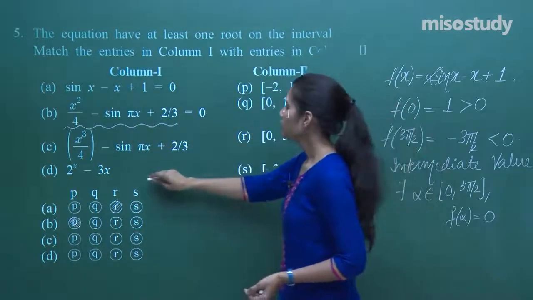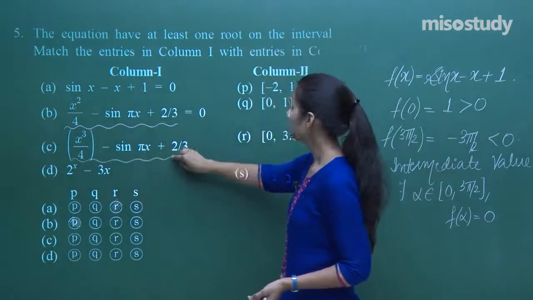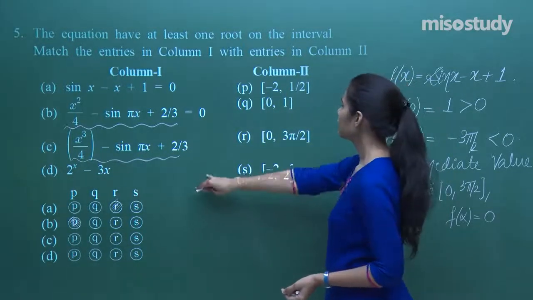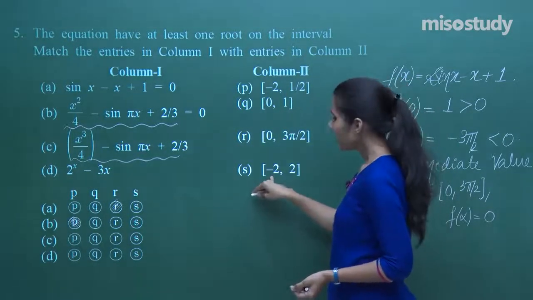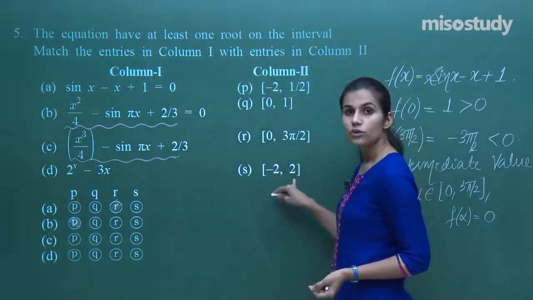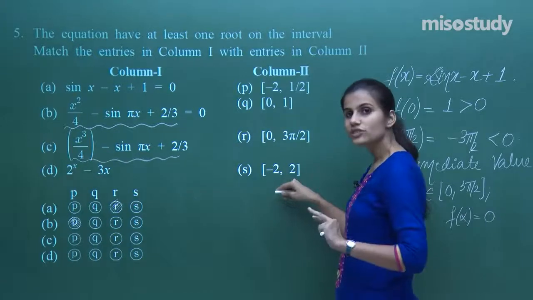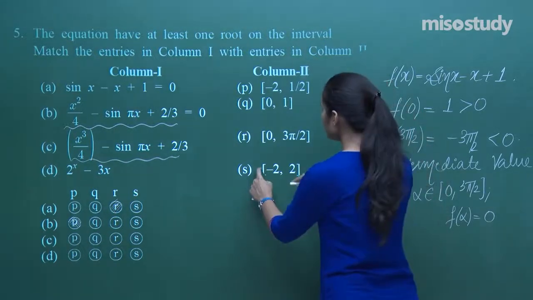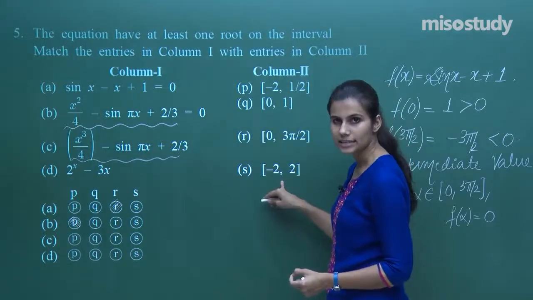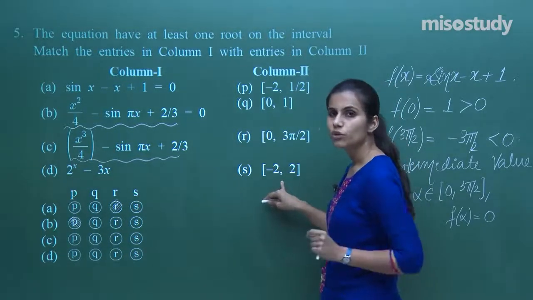If I talk about the third one, if you take this as your function, that function at minus 2 will be giving you a negative answer, and at 2 it will be giving you a positive answer. Sign change is happening, and therefore in this interval definitely there will be a point where this function will be cutting the x-axis, and that is going to give you the root of this function.